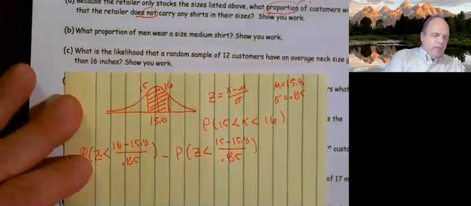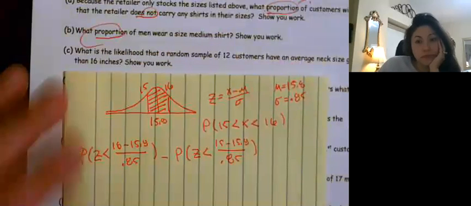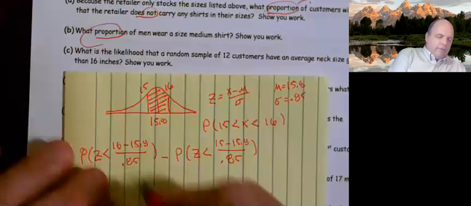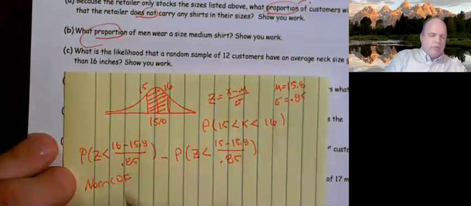And by the way, once again, they asked for a proportion. So they asked for an area. If they ask for an area, it's norm CDF. I keep forgetting to stress that, but I know that's an issue for you guys.